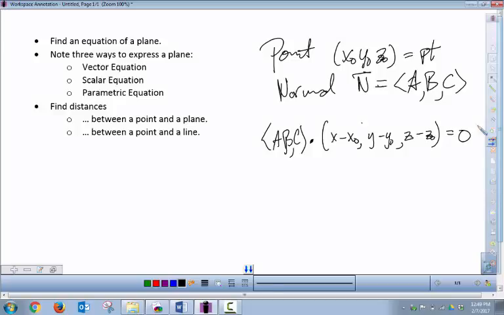What I wanted to do is play around with this equation and make it look like a vector equation and then make it look like a scalar equation.